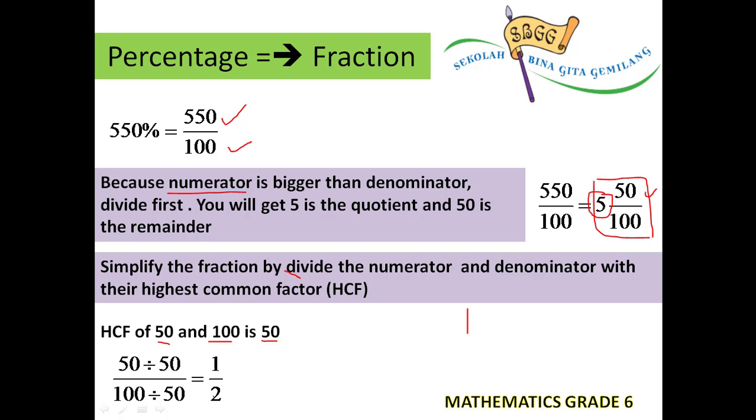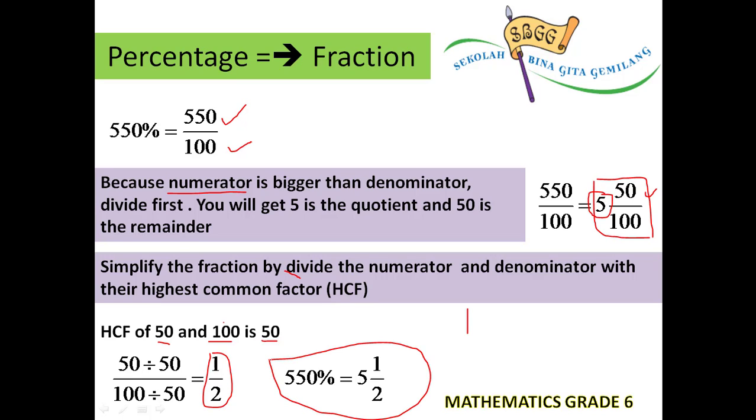So the simplest form of 50 out of 100 is 1 out of 2. So the conversion of 550% into a fraction is 5 and 1 out of 2. This is the final answer.